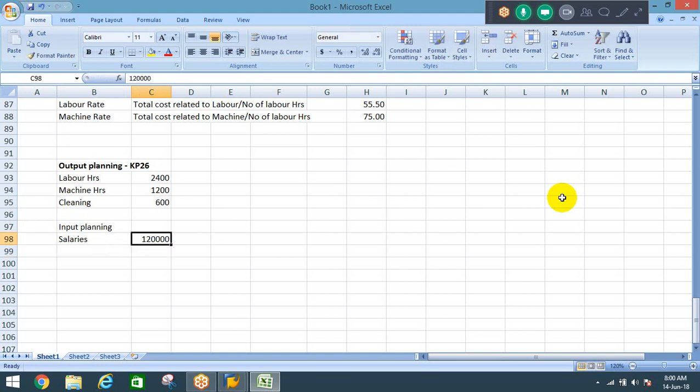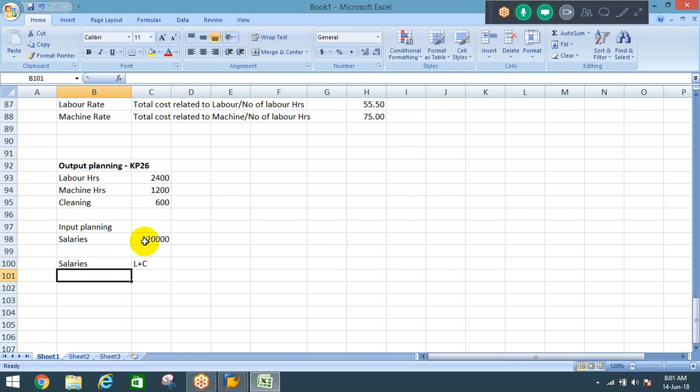This 1,20,000 is related to labor and cleaning, labor and cleaning. So splitting structure lo em chestamante manam, we will assign both, okay. For salaries cost element, we will assign labor plus cleaning, రెండు అసైన్ చేస్తాం, లేబర్ ప్లస్ క్లీనింగ్.